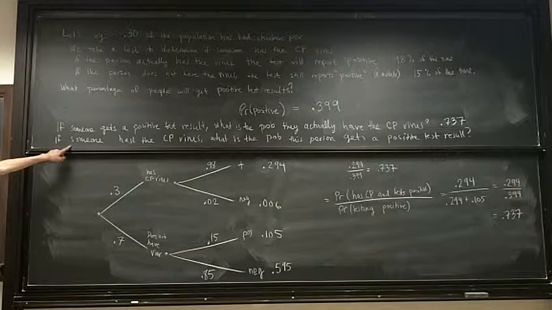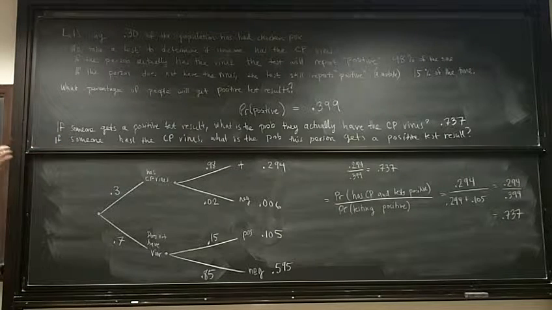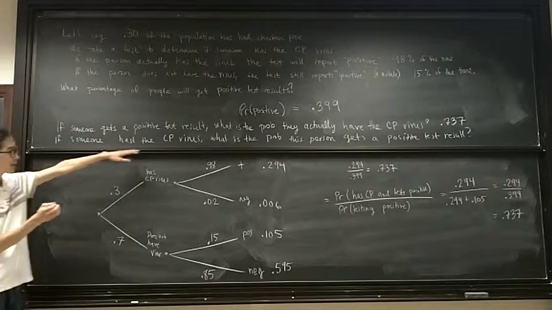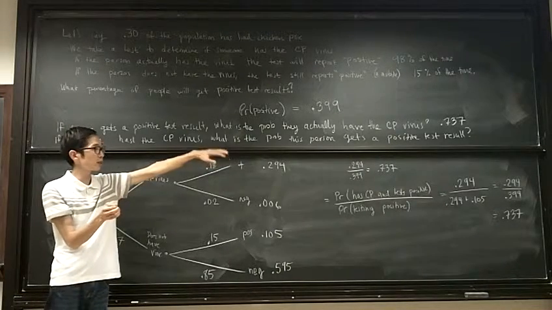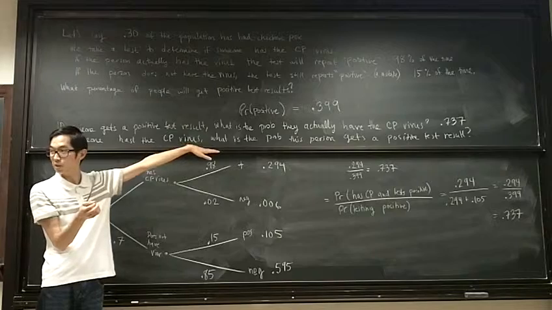Okay, so this looks similar to this, but I've just kind of switched things around. So it says, if someone has the chickenpox virus, what's the probability that this person gets a positive test result?